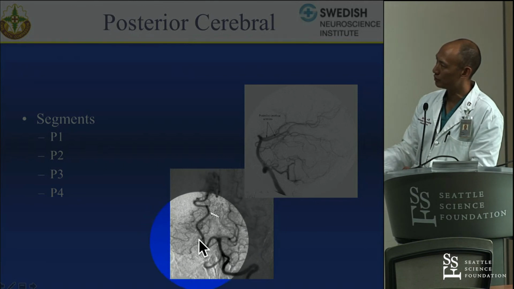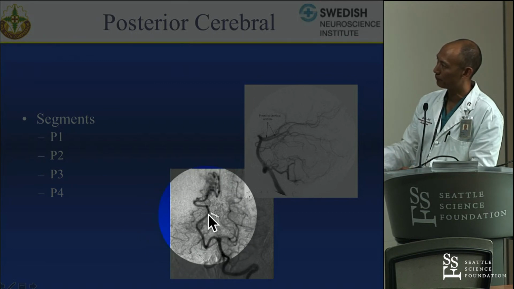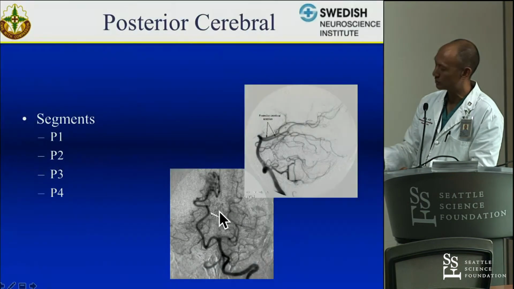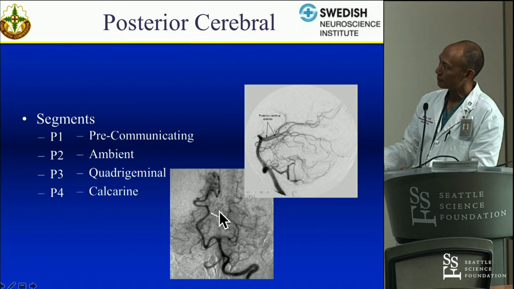And then the P3 segment is the collicular or quadrigeminal segment, because this is where the quadrigeminal plate or the tectum lies, and that's the spot where the PCAs lie closest. And those are the terms for the branches, and the calcarine or the cortical branches.